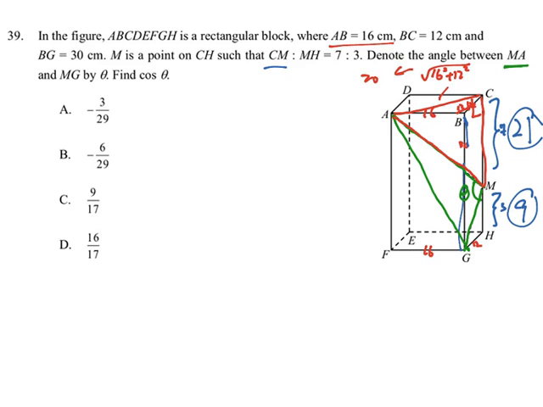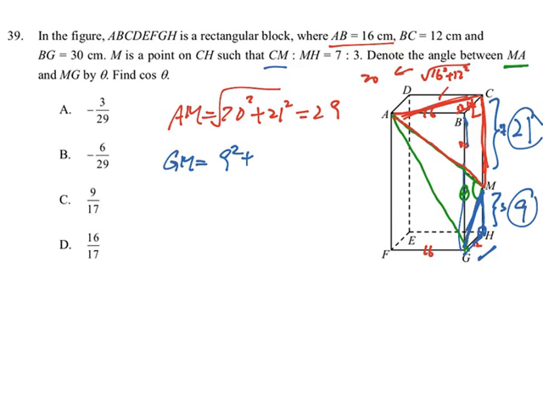So for AM, 20 square plus this one, 21 square, take square root, we can get 29. Next, we find GM, this one. For GM, we consider this right angle triangle. It is easy, just this triangle. So for GM, it is 9 square plus 12 square. So we can get 15.